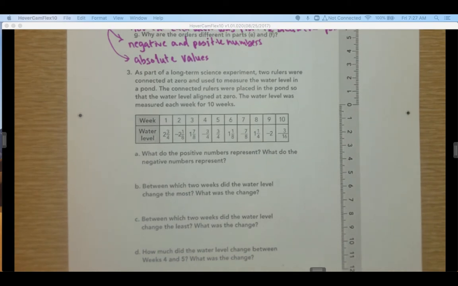As part of a long-term science experiment, 2 rulers were connected at zero and used to measure the water level in a pond. The connected rulers were placed in the pond so that the water level aligned at zero. The water level was measured each week for 10 weeks.